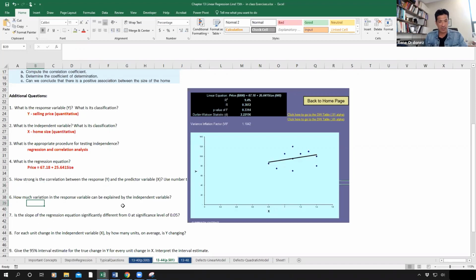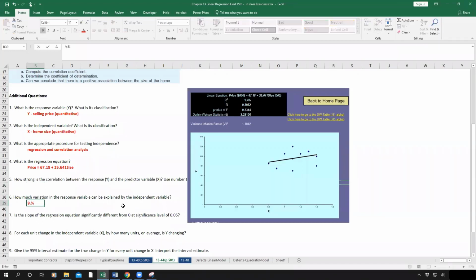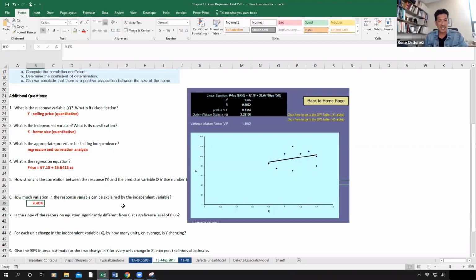That 9.4 is over here. Is it plain R? Yeah, so just the R, which is 0.3072. What's the word or description that we can attach to this strength of correlation?